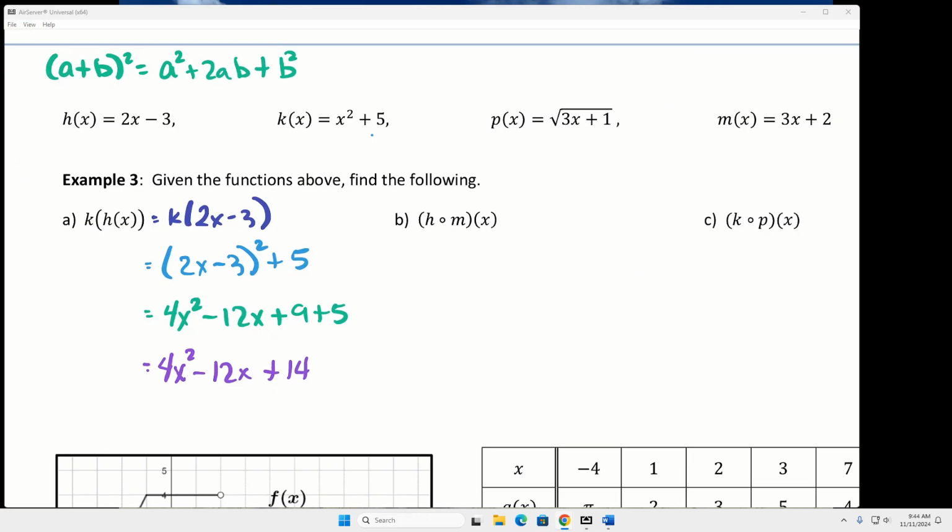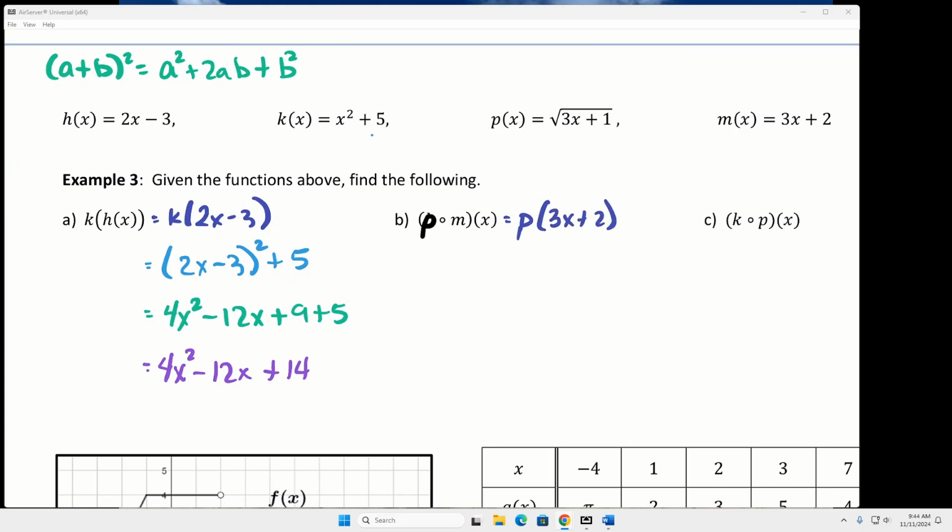Alright, if you haven't already done B, I'm actually going to change it. I'm just going to make it a little more challenging because we did so many linear on linear already. If you've already worked it out, don't worry about it. It's fine. But I'm going to do, it looks like Pong, I'm going to do p of m of x, which means I'm going to take m, which is 3x plus 2.